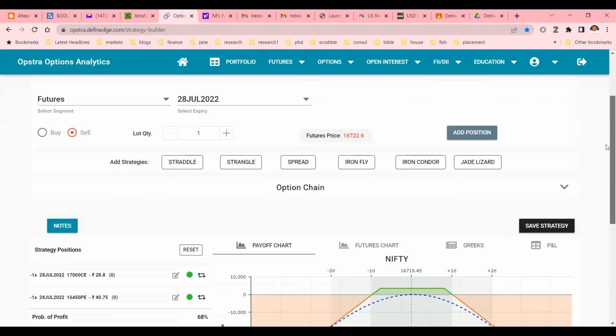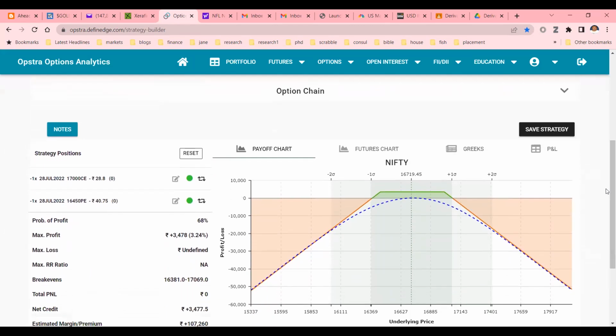It's very high, 68% chance. So what does this mean? There's a 68% chance that the market will stay between 16,450 and 17,000.